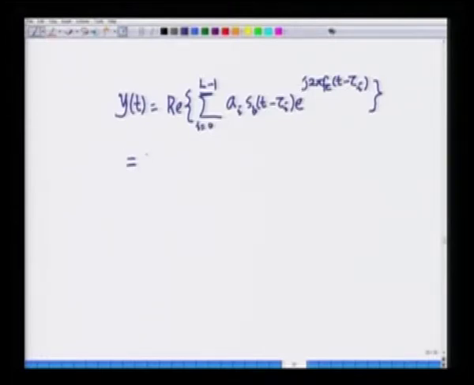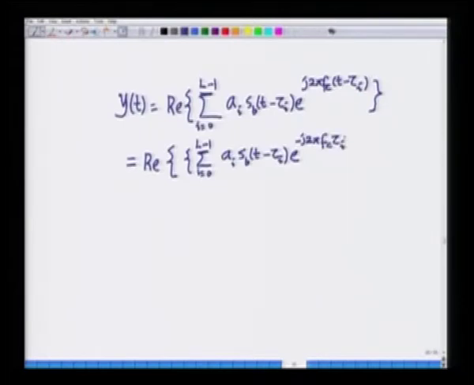And this can essentially be written as the real part of the sum over i equals 0 to L minus 1 of A_i s_b(t minus tau_i) e^(minus j 2 pi f_c tau_i), and the factor e^(j 2 pi f_c t) is common to all the terms, which is the carrier term. So, I am separating it out from the rest of the terms.